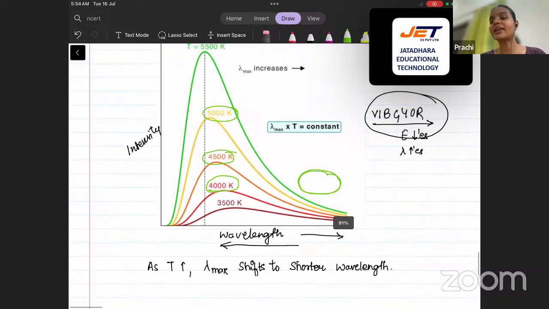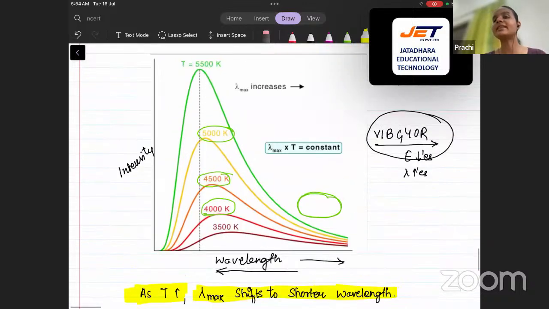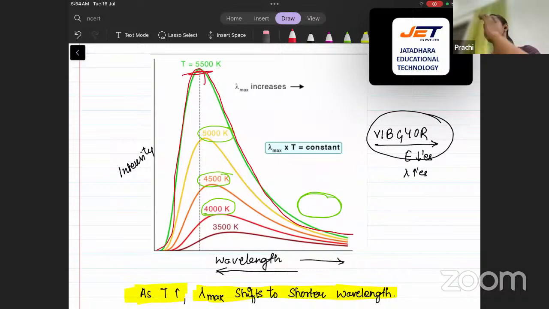As the temperature is increasing, lambda shifts to the shorter wavelength, and this is the kind of plot I am getting: as I increase the temperature, it increases, reaches the maximum, and falls down again. That is how the intensity is changing, right? And as we are increasing the temperature, it is shifting to a shorter wavelength.